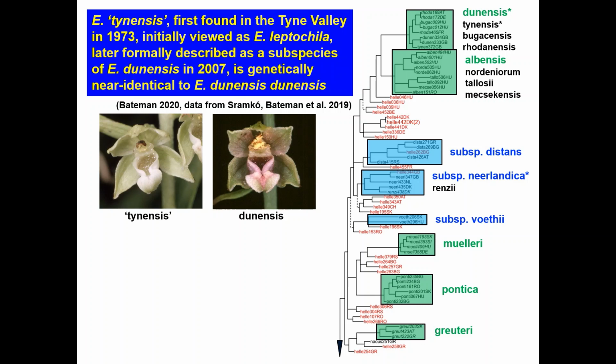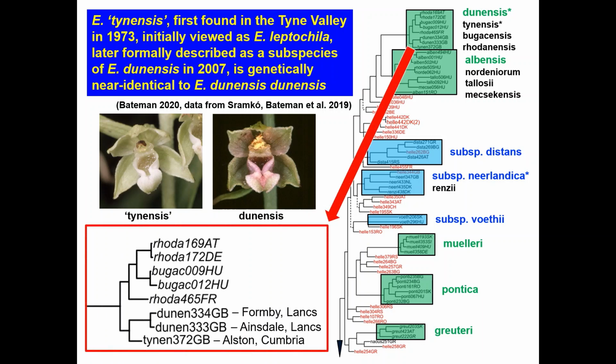Let's move on to discuss Epipactis tynensis, first described in the Tyne Valley in 1973, first viewed as a form of Leptochila, but later described as a subspecies of Junensis. Well, if we enlarge the Junensis part of this high-level evolutionary tree, phylogenetic tree here, look at that in more detail.